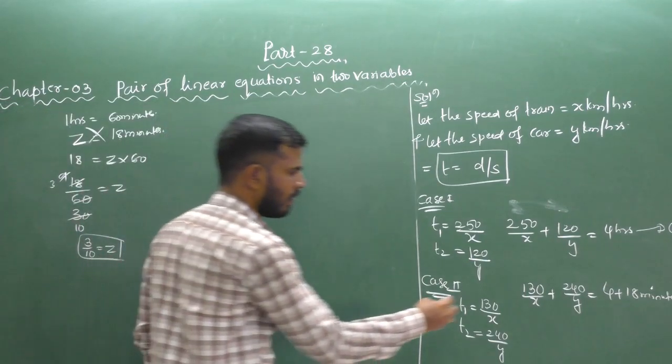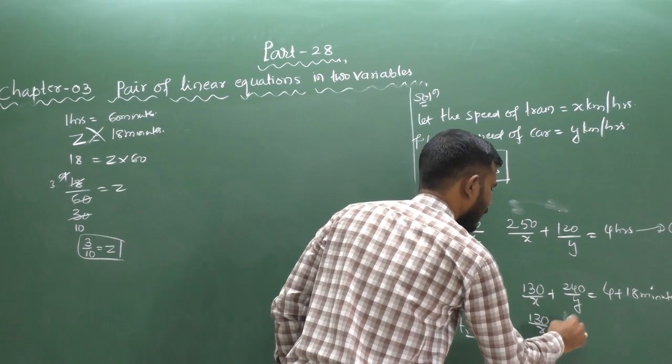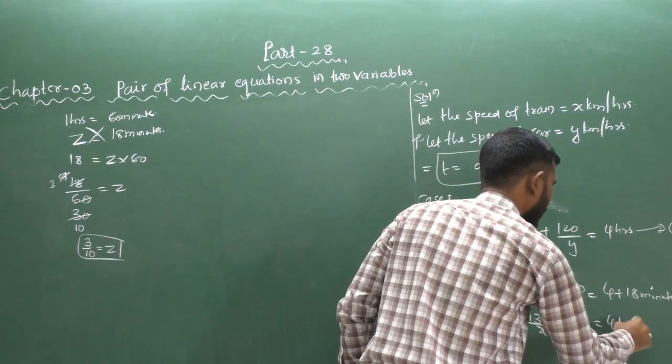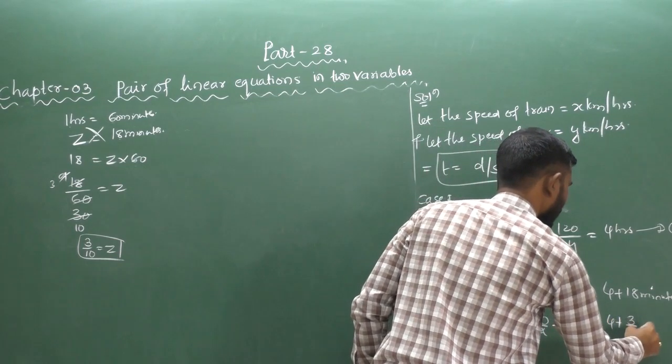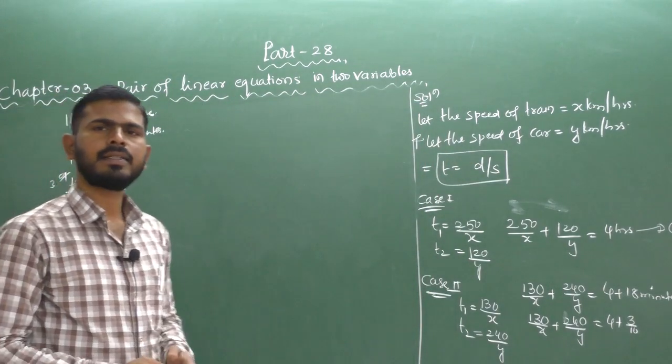So now you have to write here 130 divided by x, plus 240 by y, equal to 4 plus 3 by 10. 3 by 10 is the hour.